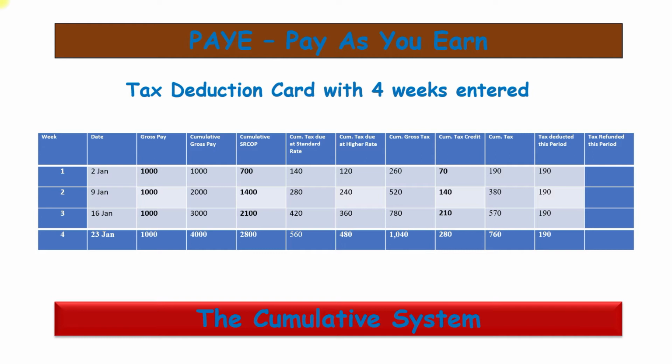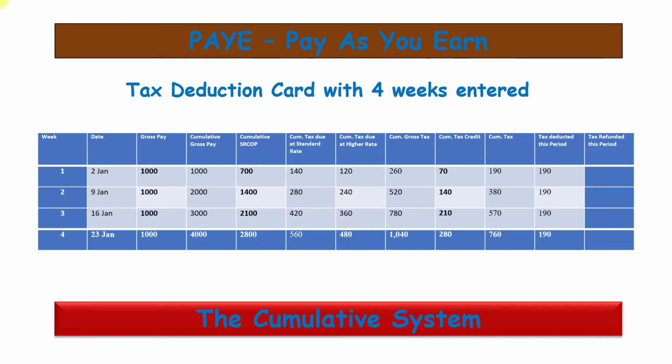Adding the two rates gives us 520, and the cumulative tax credit is subtracted to leave 380 in cumulative tax. This figure being cumulative means it is the total tax for the 2 weeks. If we subtract the previous week's cumulative tax from the current week, we are left with the tax deducted this period, 190.